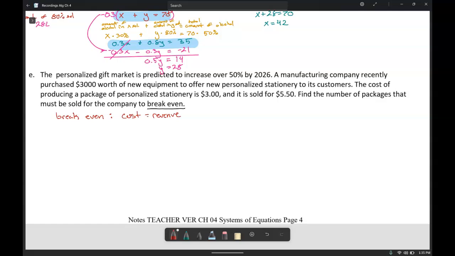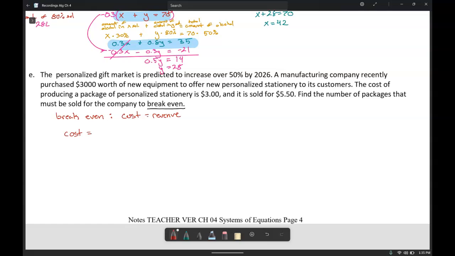And so what we have to do is write two equations that model cost and revenue. Let's start with cost. Well, cost will have to equal any startup costs or initial investments plus the cost of manufacturing each item. Each item has a certain cost associated with it. The more items you make, the more that cost goes up.